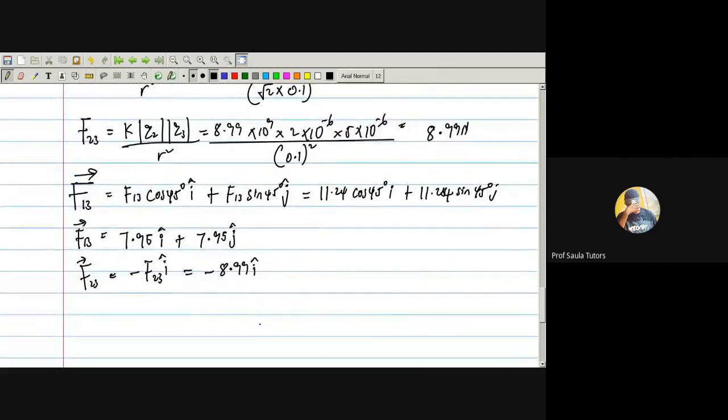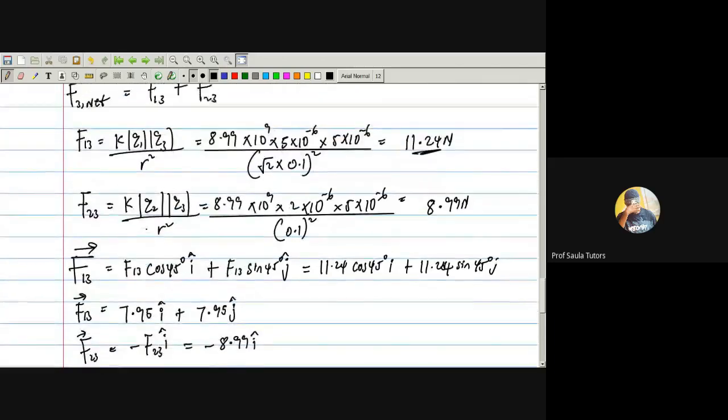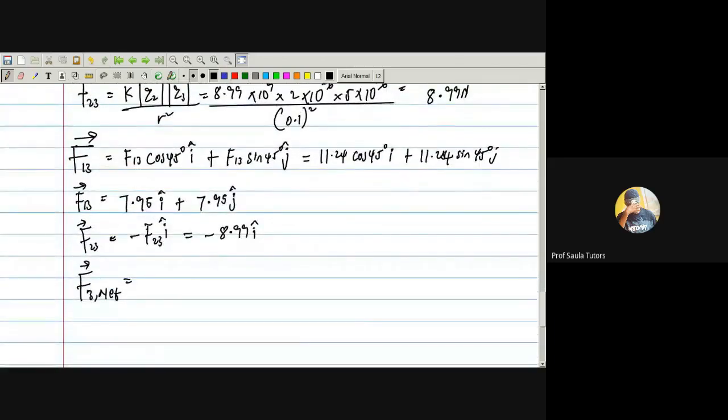Therefore, lastly, the force on 3, F3 net, the resultant force, is the vector sum of these forces. So if I add these two forces together, what do I have? Add the i to the i and the j.